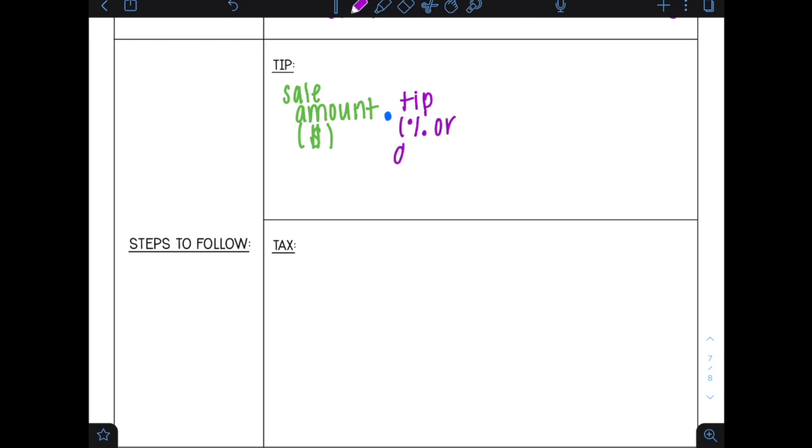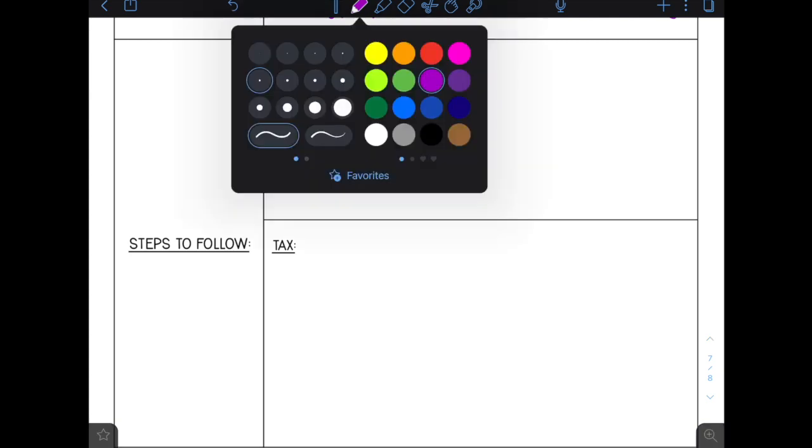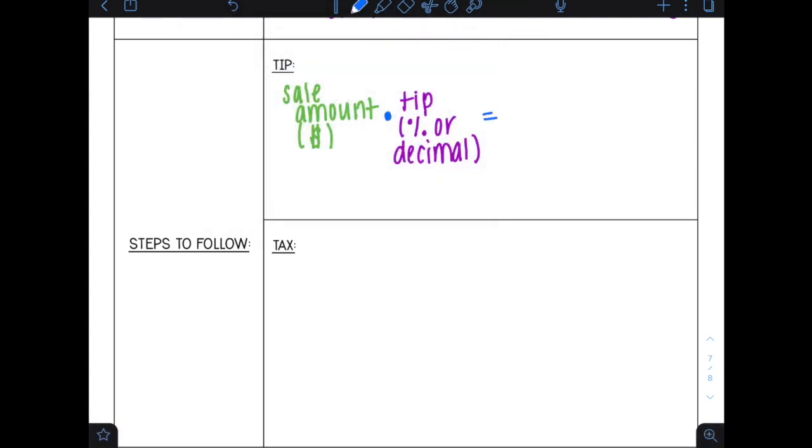Or you're going to use it as decimal as well. And that's going to give you the total tip amount in terms of money.